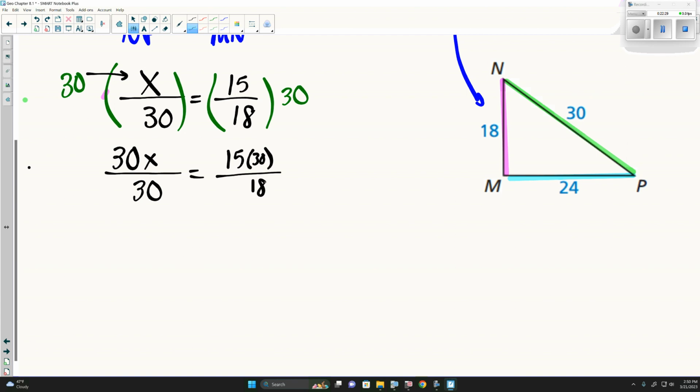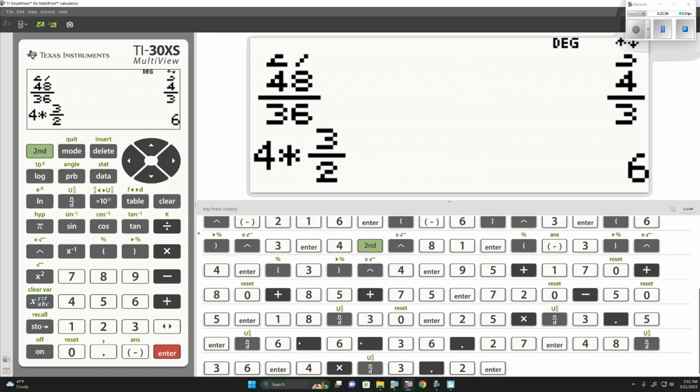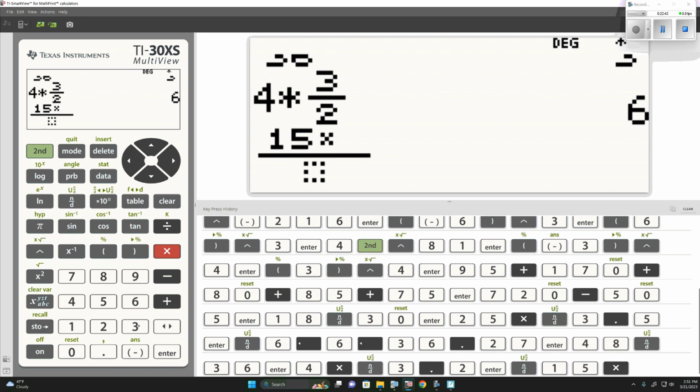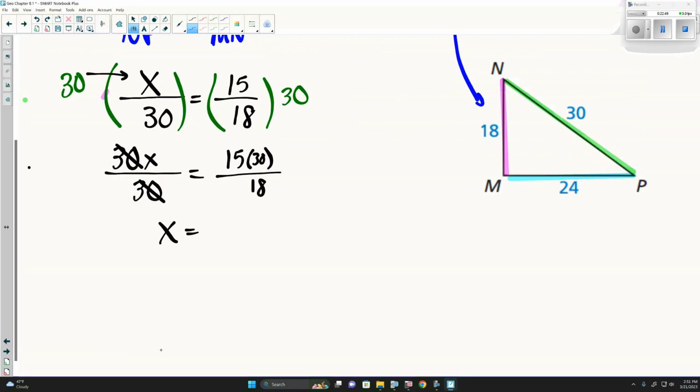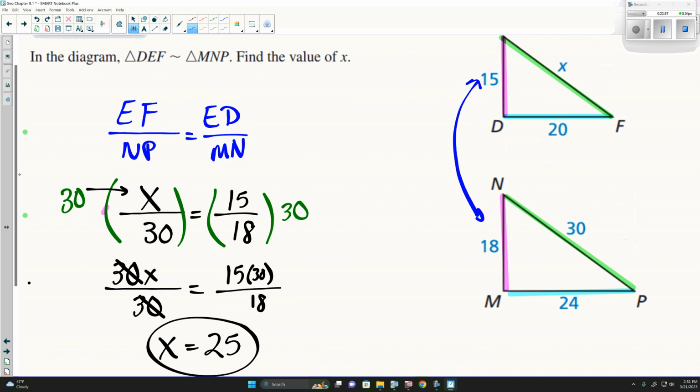But 30 divided by 30 is 1, just leaving us with X. Now the other side, we have 15 times 30 over 18. 15 times 30 over 18 is 25, and that's it.